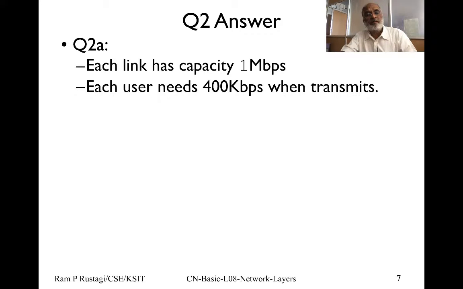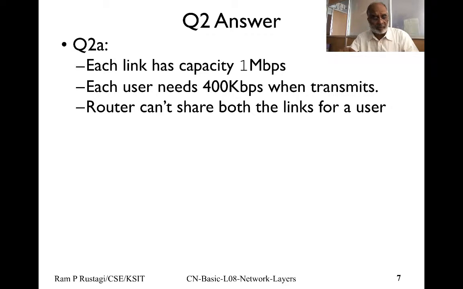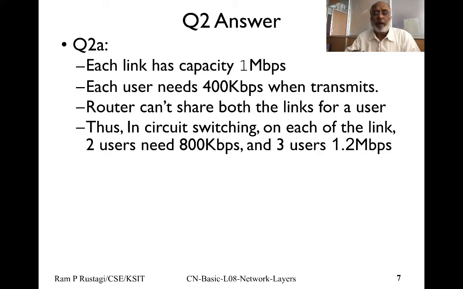Assuming you are done, let's look at the first case. We know that each link has a capacity of 1 Mbps, and each user needs 400 kbps when transmitting, and the router can't share both the links.